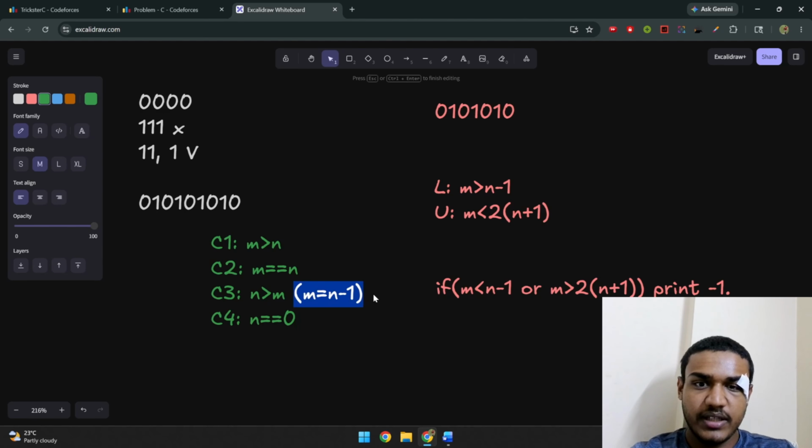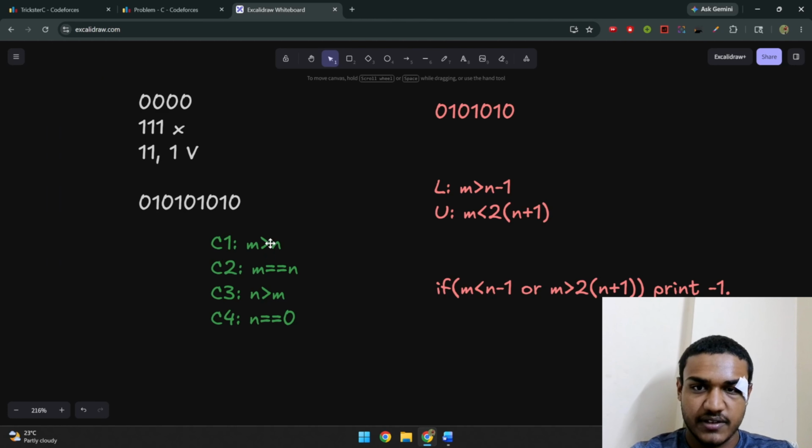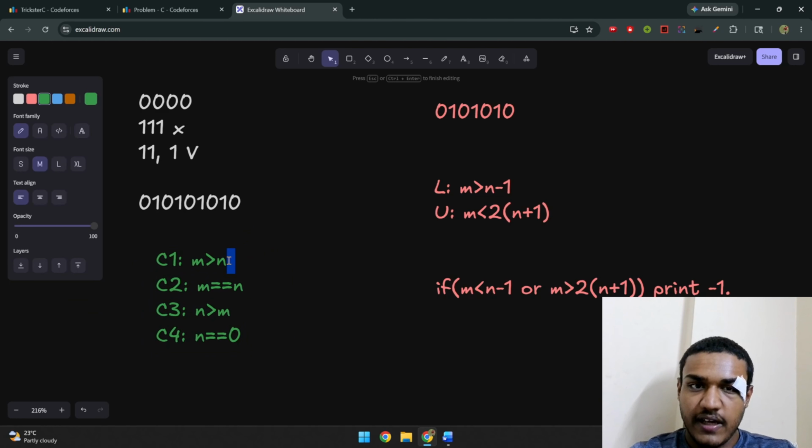So since we have these conditions locked down, let's look at what actually happens in each of these conditions. If m is greater than n, as discussed, we have a surplus of ones compared to n's, so we'll be printing 1 1 0.